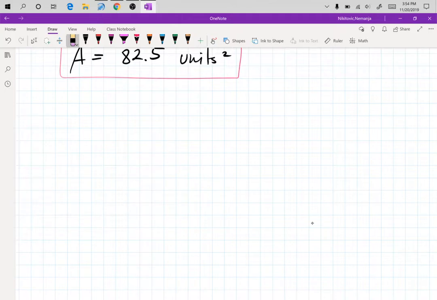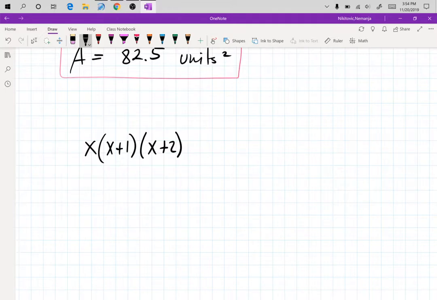But then the class. So let me give you a little pre-calculus. So x times x plus 1 times x plus 2. I am claiming that the only important thing here is x cubed and the rest is garbage. Actually, let's have it as a 2 over there. So here, 2x cubed. And the rest is garbage, right?